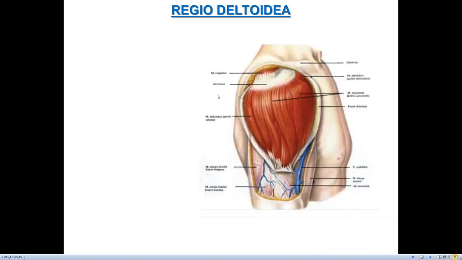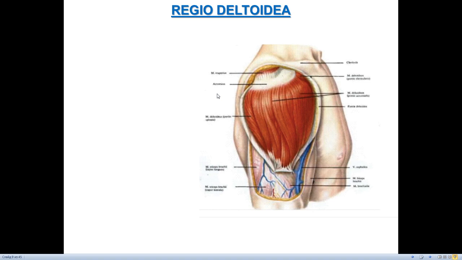Deltoid region. Borders. Anteriorly and posteriorly, the edges of the deltoid muscle. Superiorly, the external third of the clavicle plus acromion, and inferiorly, a line which connects the inferior margins of the pectoralis major and latissimus dorsi muscles.